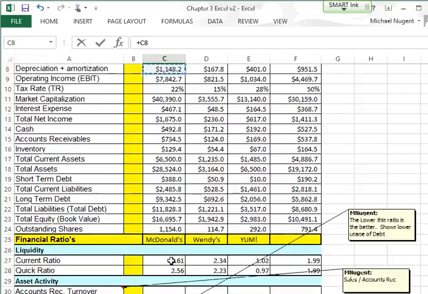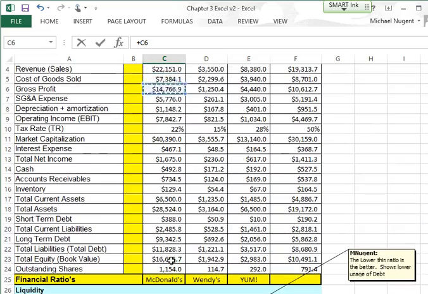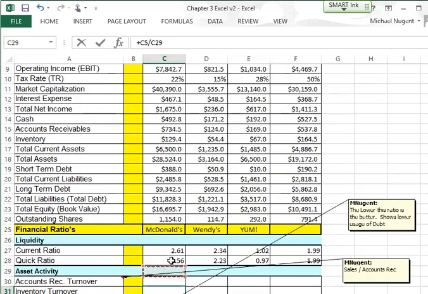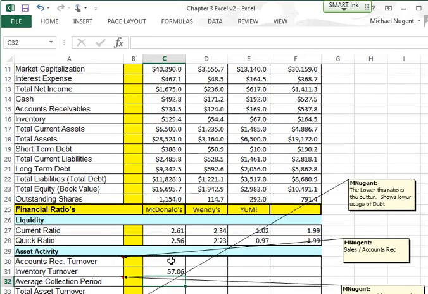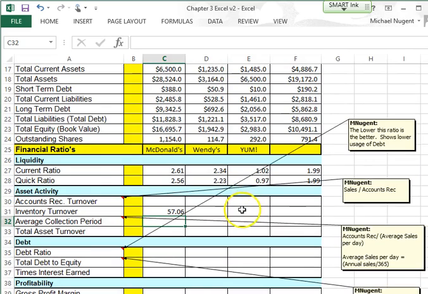Cost of goods sold is the labor and material of what they sell. Okay. So McDonald's has, we're just going to say 57.